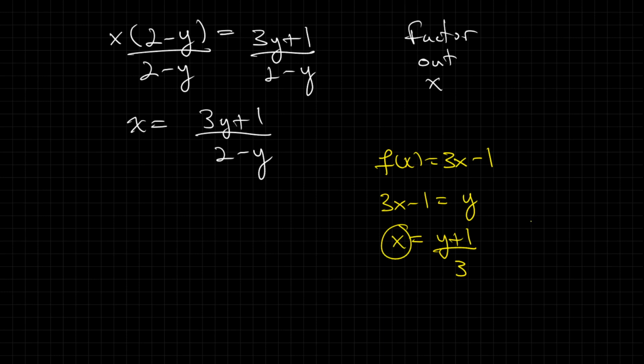In any case, the second step is to solve for x, and then the last step is to switch all the x's and y's. So everywhere you see an x, put a y. Everywhere you see a y, put an x. And what results will be the inverse function.